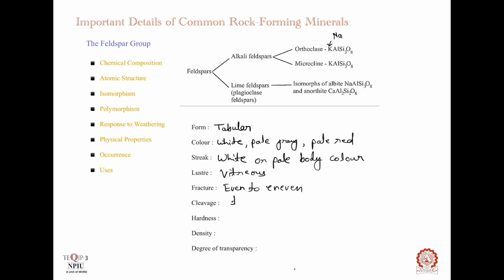Cleavage is generally two sets, and out of them one set is better developed. These two sets are mutually perpendicular. The hardness of plagioclase minerals is 6. A few species are slightly harder, that is 6 to 6.5. Density is medium.